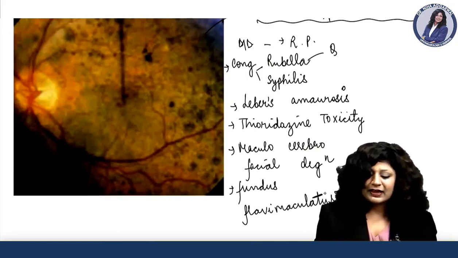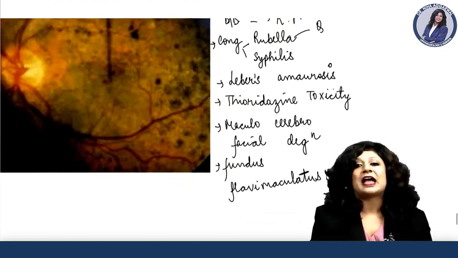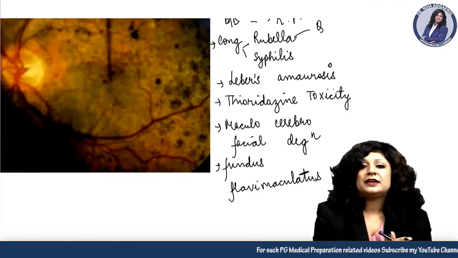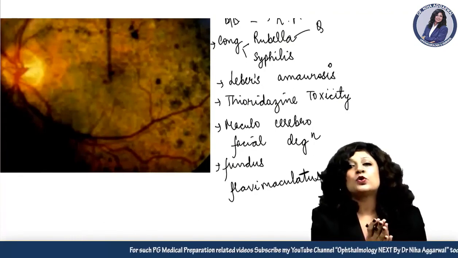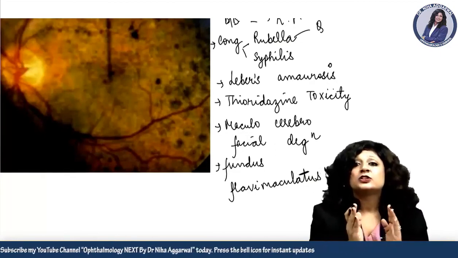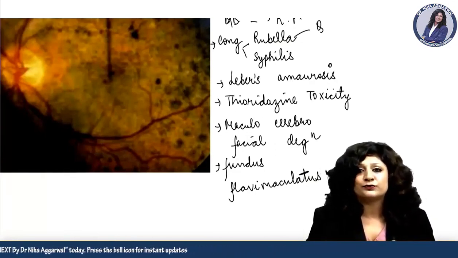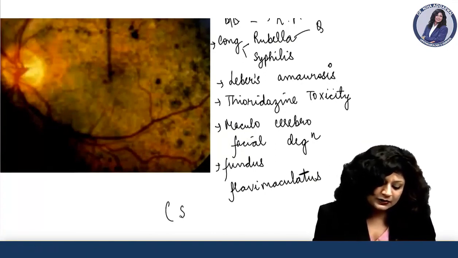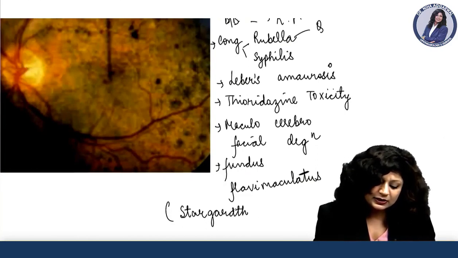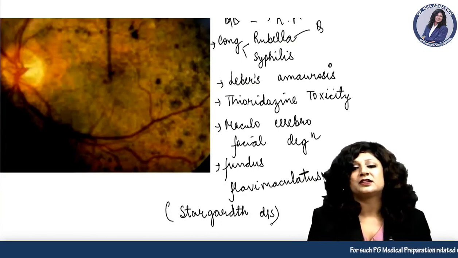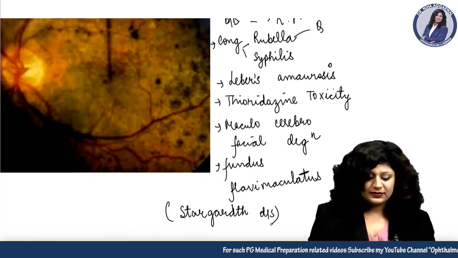This fundus flavimaculatus is actually the Stargardt disease. If you remember, in the previous video, I told you about Best disease as well as Stargardt disease, the two important macular dystrophies. So fundus flavimaculatus, which is a part of Stargardt disease only, again comes under the DD of salt and pepper retinitis.